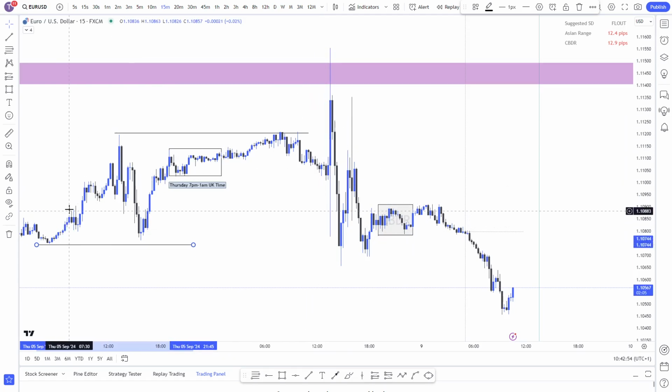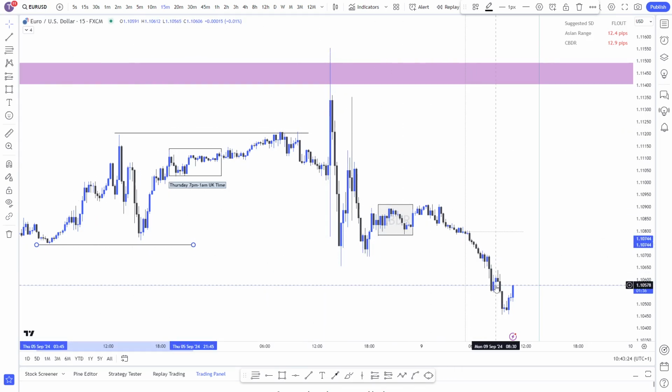So if you're ever wondering why consolidation happened prior to this time here, that's because we had NFP, and there was not a lot of chance of volatility between probably Thursday all the way up until this news event. As soon as we had the news event, price did what it was supposed to do in the form of sweeping above this liquidity, sweeping below this liquidity, distributing and selling off again.